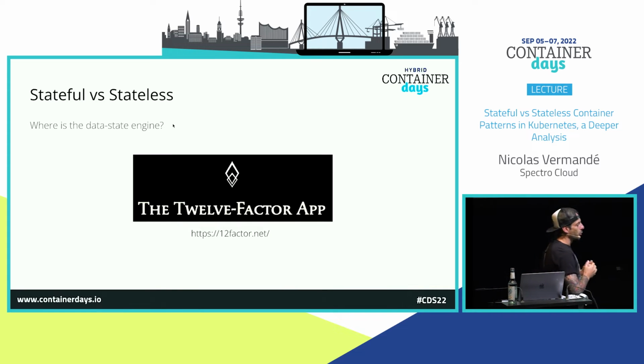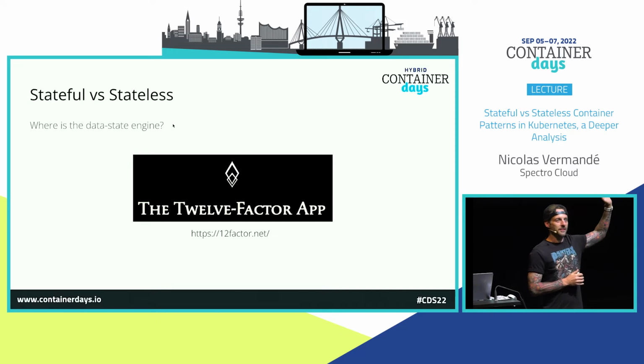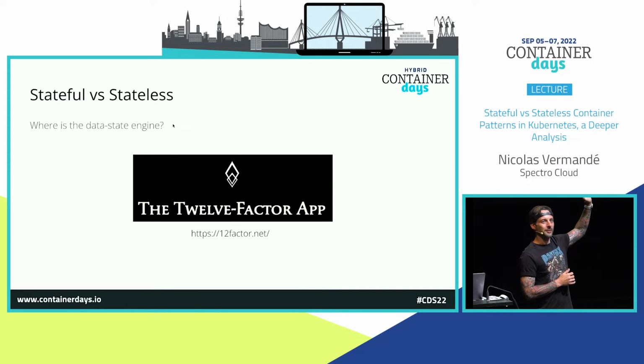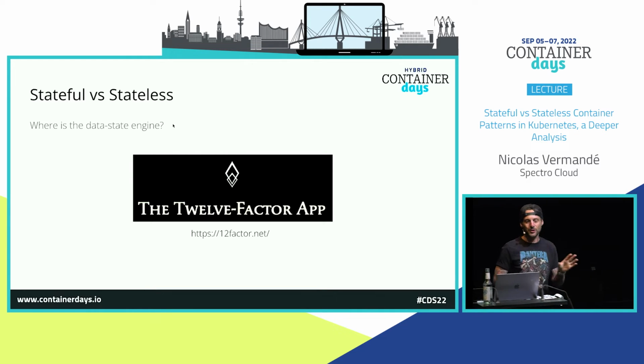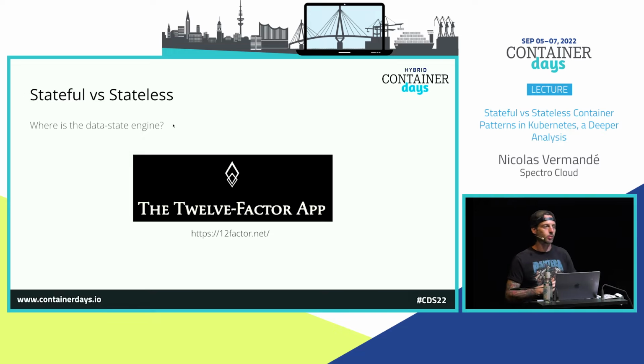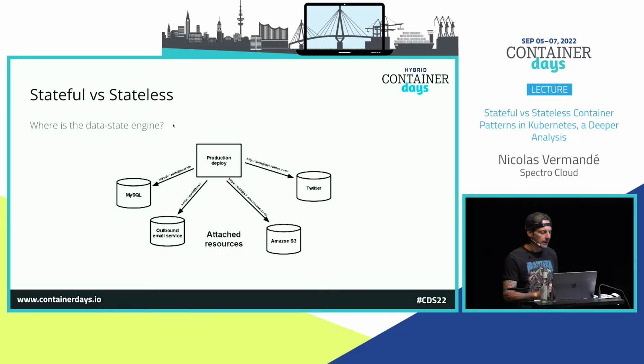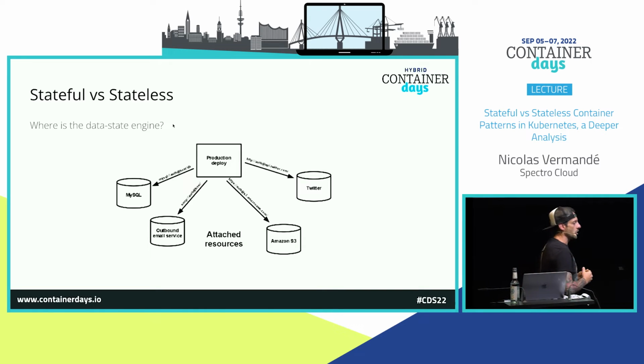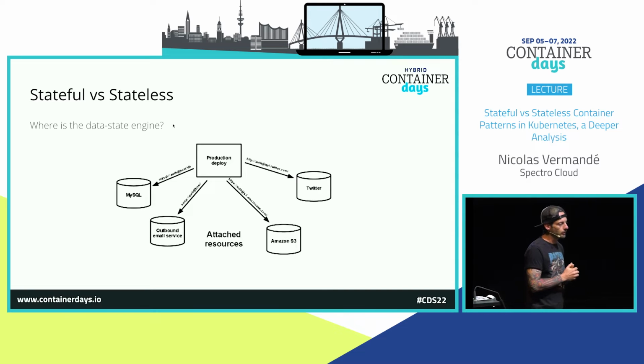And then comes the 12-factor app. Who is familiar with the 12-factor app? You probably are in the room. If you're not, I encourage you to go on that website that will basically describe all the features that a cloud-native application should have and how you should implement them. It talks about the data state. And if you follow those 12 principles, one of them is that the code should be stateless, or rather should not be mixed with your stateful components.